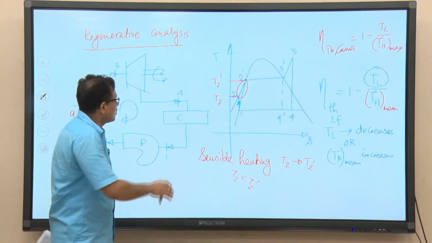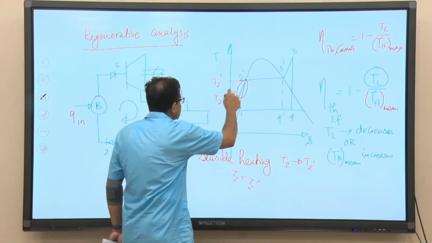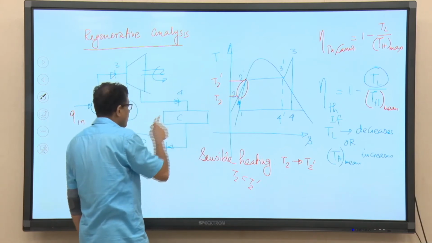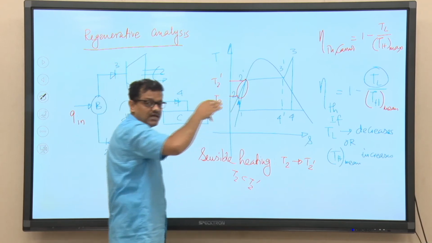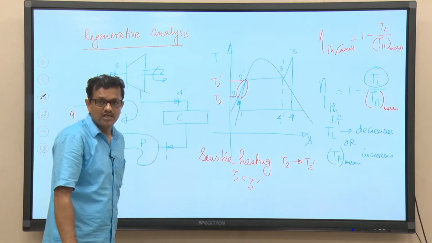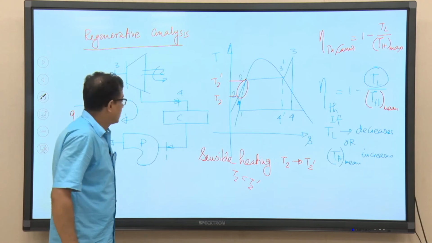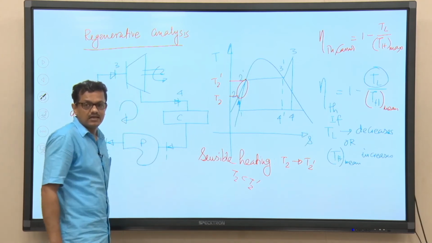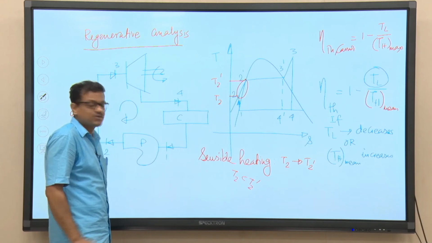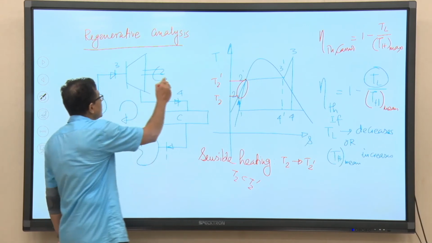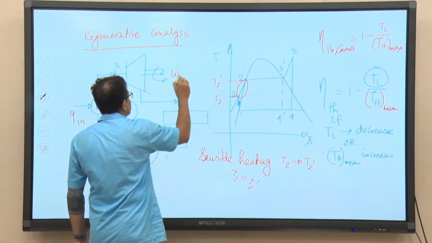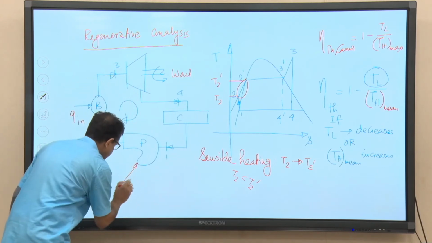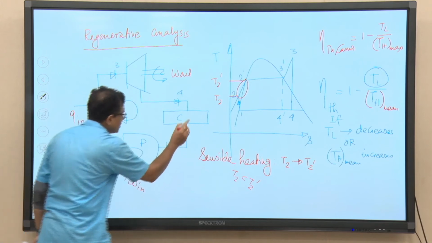So, if we can increase the temperature of feed water from T2 to T2 prime before it enters the boiler, then we can save the fuel cost associated with that particular heating, and in that case we can increase the efficiency, because you understand here we will be having W out, the net work output, this is W in, and this is Q out.